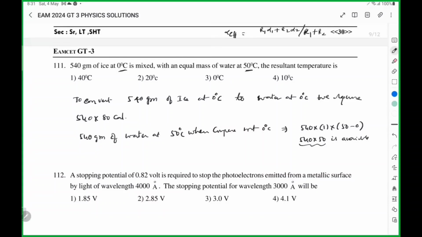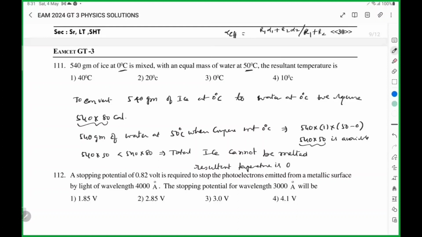But to melt ice, this much is required, which is less than 540 into 80, which implies total ice cannot be melted. The resultant temperature is 0 degree centigrade.